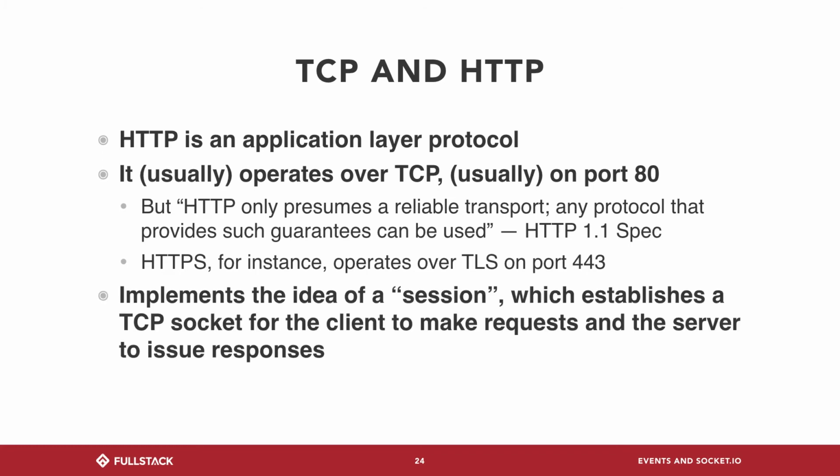If this is sounding like layers and layers, building up onto each other, like a stack that's about to crumble, that is true. That is how everything runs. It operates over port 443.